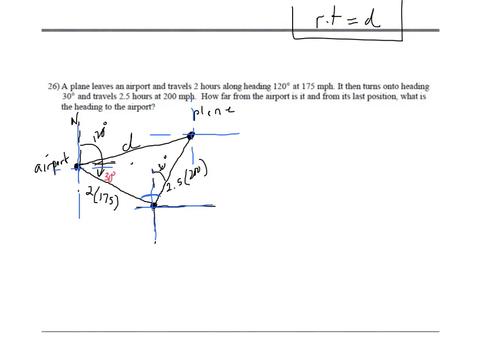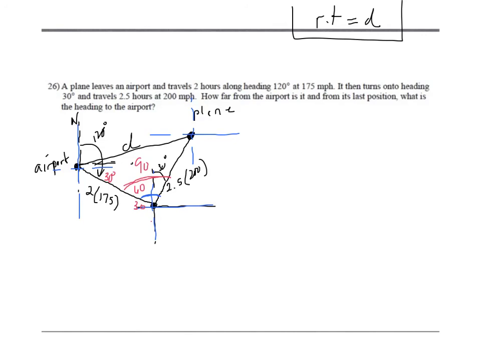If that's 30 degrees, then one of these also has to be 30 degrees. This is 30, that's 90, this is 30, this is 30 right here. So this has to be 60, so this angle right here has got to be 90. So you have a right angle.